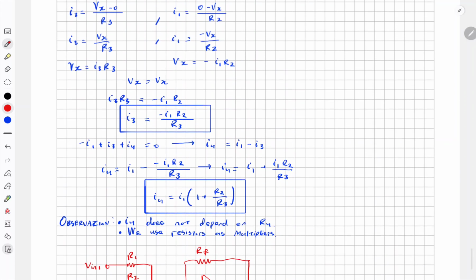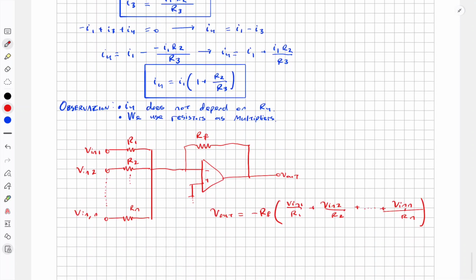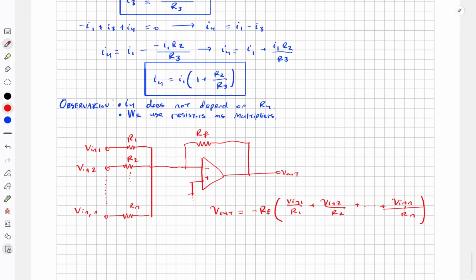So anyways, the observation that we made is we're using the resistors as multipliers. Later, in a later section, we will study this circuit, which takes advantage of this principle of adding together the summation for addition and subtraction of the combination of resistor multipliers.